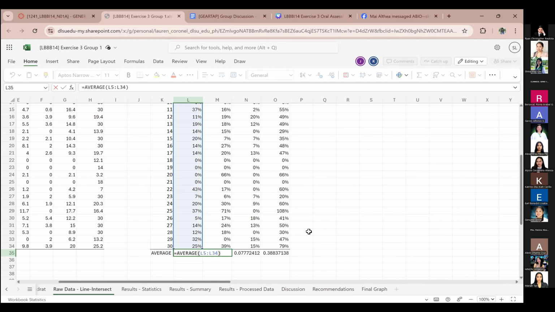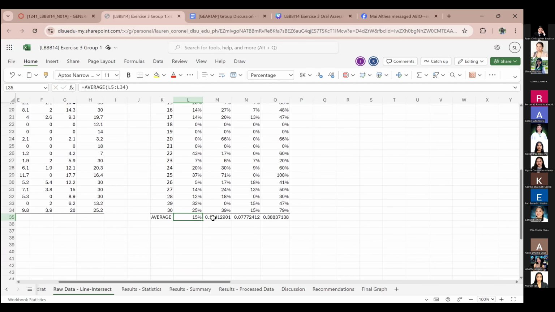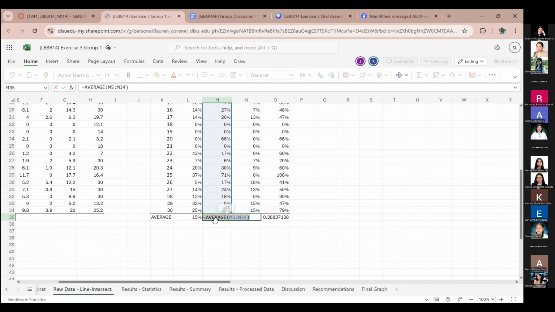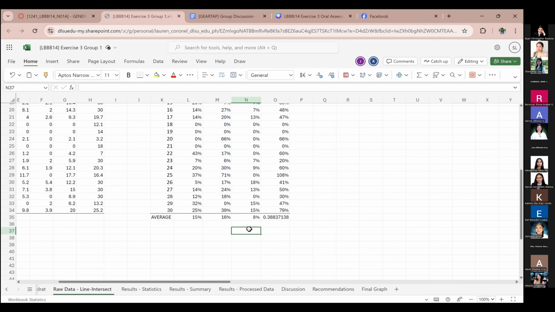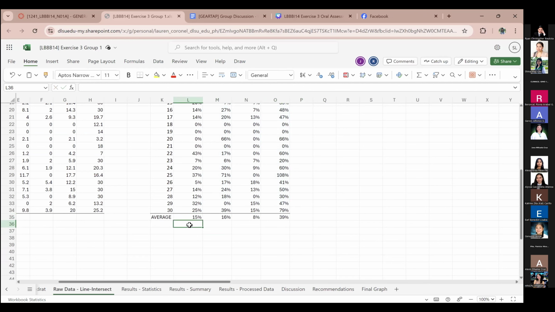I see, sige po, we'll confirm po with my group mates. Pero, ayun, I think something happened. Miss, when we did the descriptive statistics po, yung ginamit po naming data, yung naka-percentage na po.